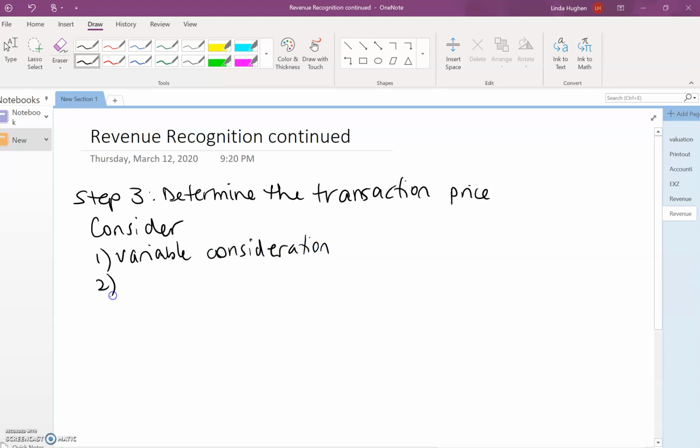We need to consider whether there's a time value of money component. When I say time value of money, you should be thinking back to Finance 215, financial management. That's what you spent the entire semester doing in that class. And the third component that we need to consider is called consideration payable. Now let's look at each one of these separately.